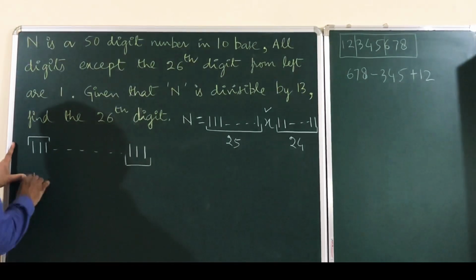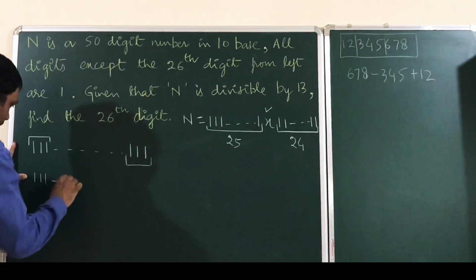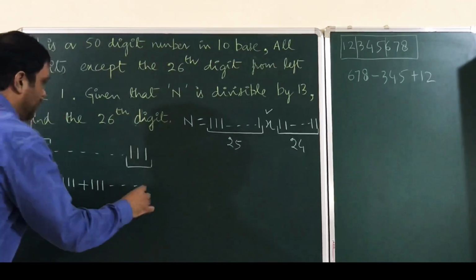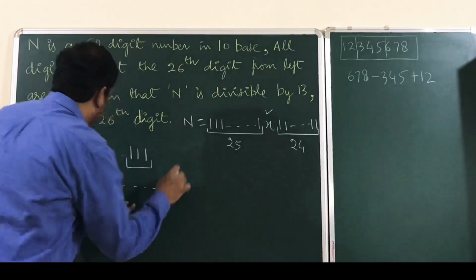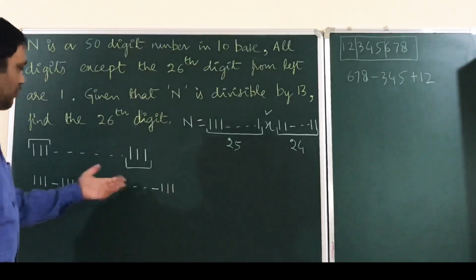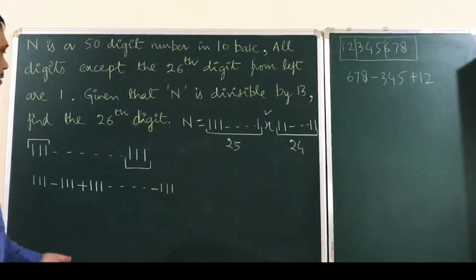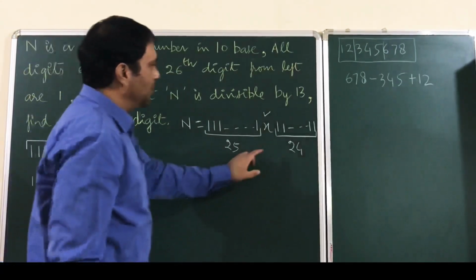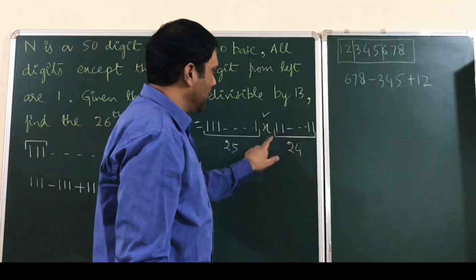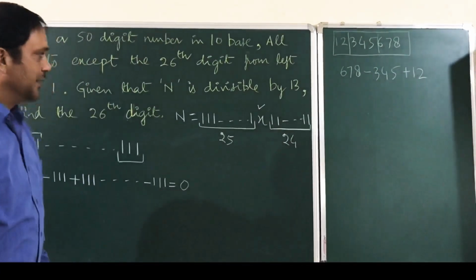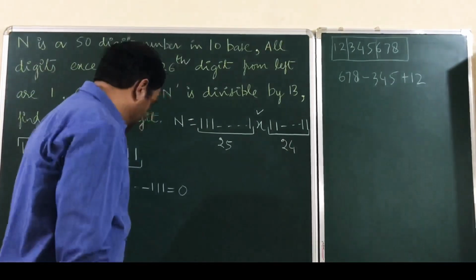And if we find the sum, 111 minus 111, then plus 111, and finally minus 111. So the first and second give 0, the third and fourth, then the fifth and sixth, and the seventh and eighth. Means if we make blocks of 3 of these 24 ones and find the sum by alternating the sign, that sum will become 0.